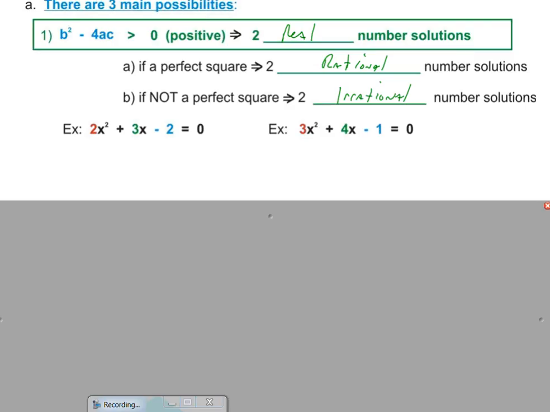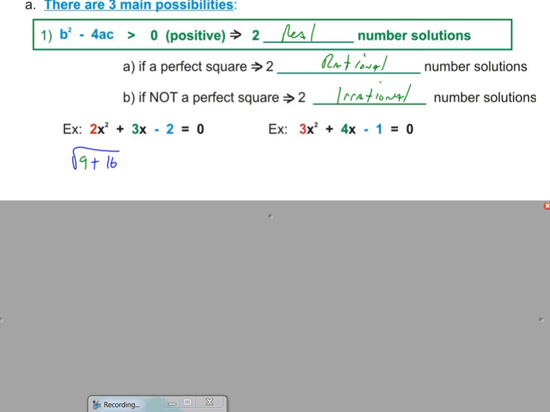Let's take some time real quick and do these. Okay, b squared. 3 squared is 9. Minus 4 times a, which is 2, is negative 8, agreed. Negative 8 times c, negative 2, is a positive 16.